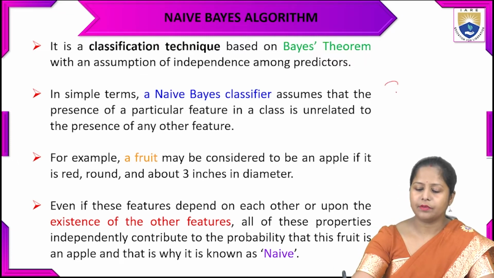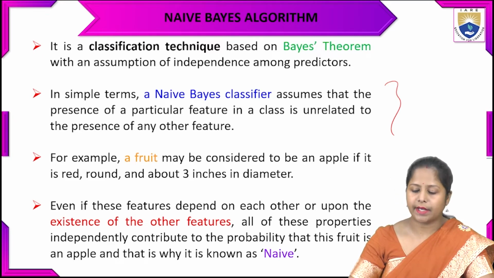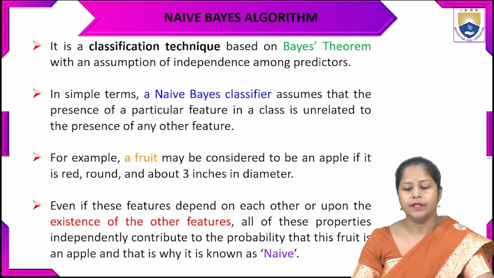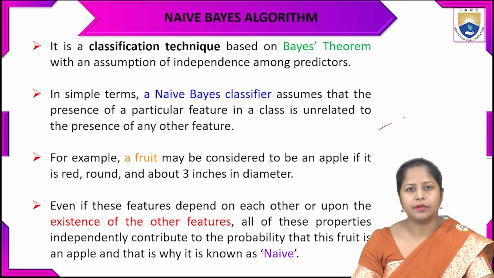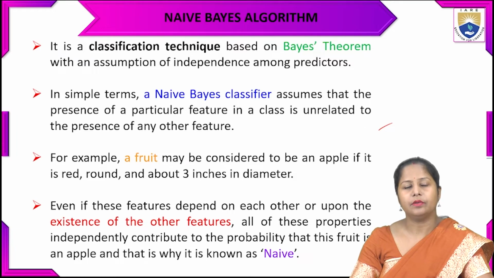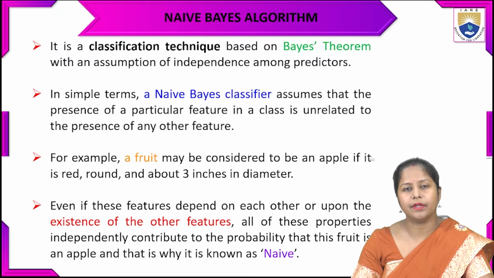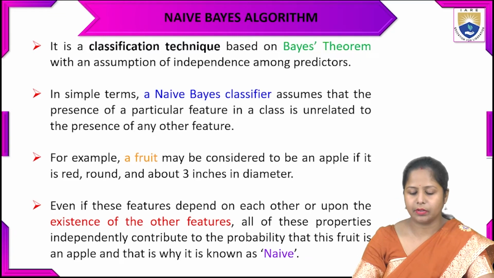In simple terms, the naive Bayes classifier assumes that the presence of a particular feature of a class is unrelated to the presence of another feature of the same class.